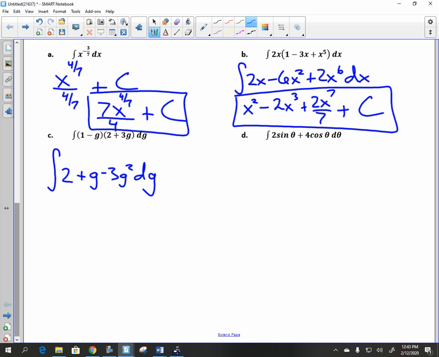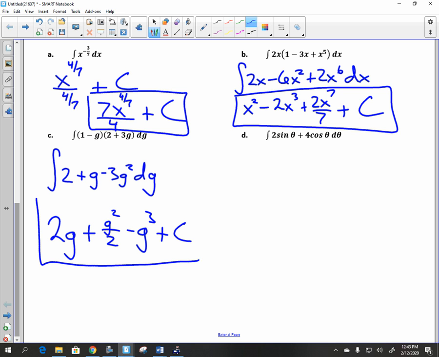Antiderivative of 2g, very good, plus antiderivative of g over 2, antiderivative of 3g squared, g cubed plus a constant. Oh no, what about d?